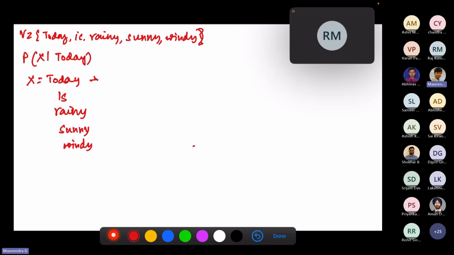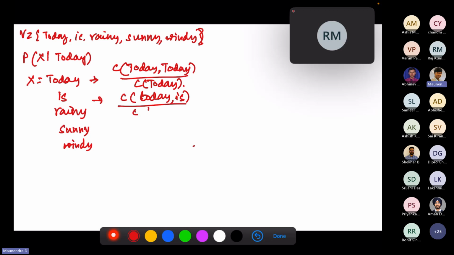So for this one, we'll find the count of today being followed by today, divided by count of today. For this one, we'll have the count of today followed by is, divided by count of today, and so on for rainy, sunny, and windy.